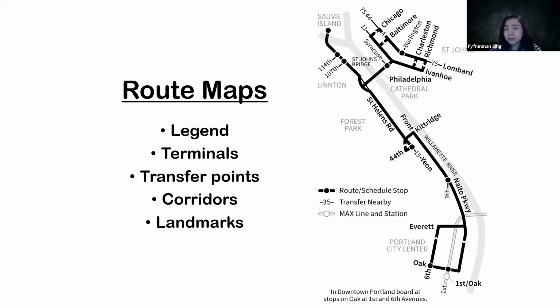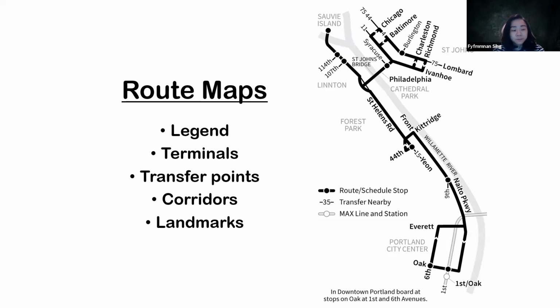And again, similar to linked routes, we arbitrarily define the end of the route, right? On this particular map, the arbitrary last stop is 6th and Oak, and that's the terminal, right?